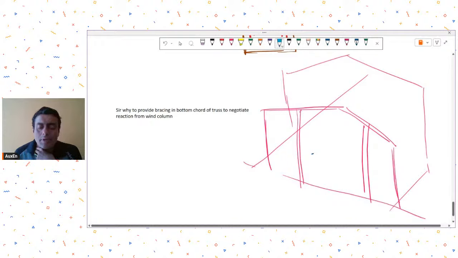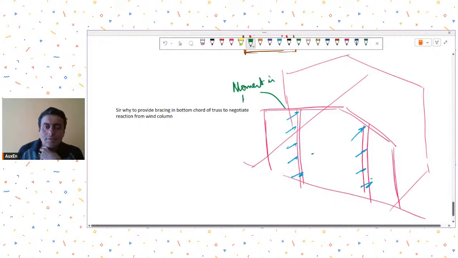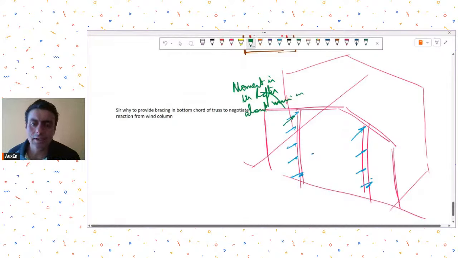So what will happen on this gable side when the wind forces hit? It may cause movements in the rafter about the minor axis. So there is a possibility that because of the wind forces acting, there might be a movement in the minor axis that is caused in the rafter.